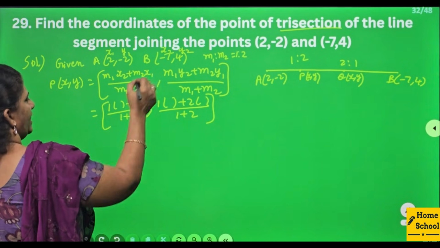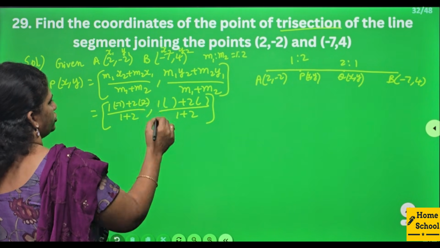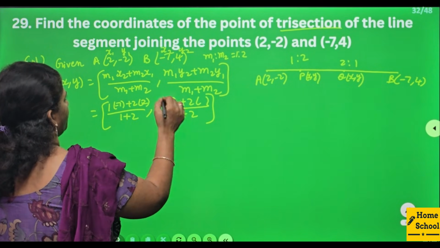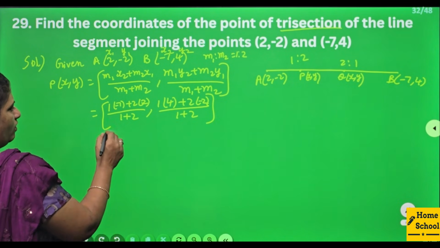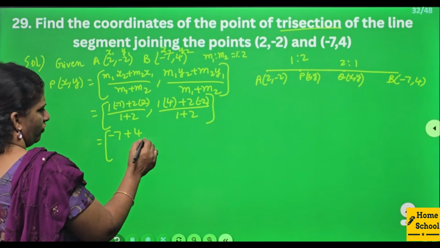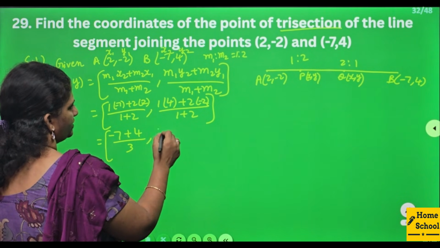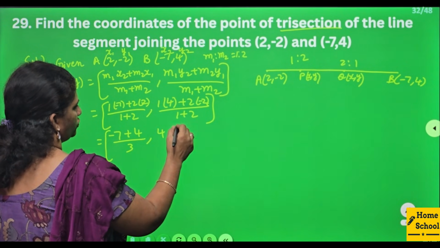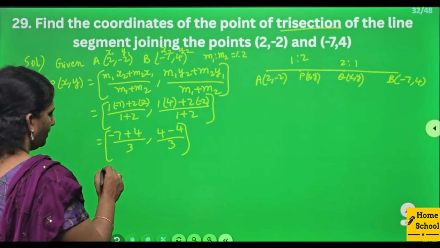Now x2 value is minus 7, x1 value is 2, y2 value is 4, y1 value is minus 2. 1 into minus 7 is minus 7, plus 2 2s are 4, by 2 plus 1 is 3, comma, 4 1s are 4, minus 2 2s are 4, by 2 plus 1 is 3.